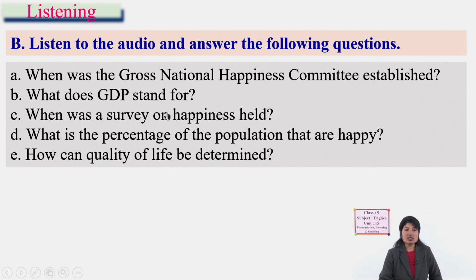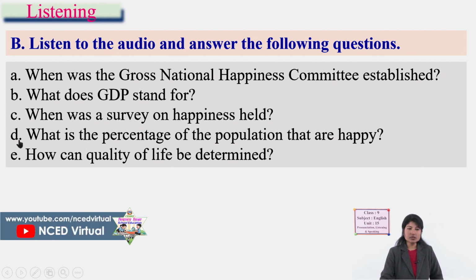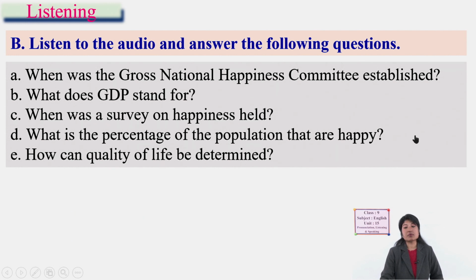C. When was a survey on happiness held? Again, the year. D. What is the percentage of the population that are happy? You have to write the percentage. E. How can quality of life be determined? You have to write the way.